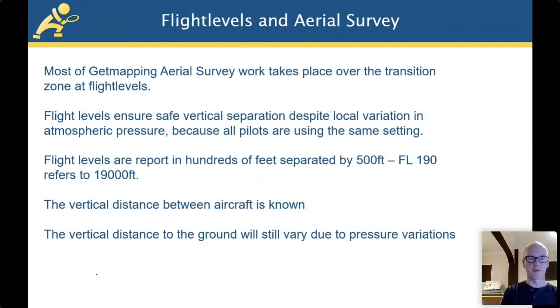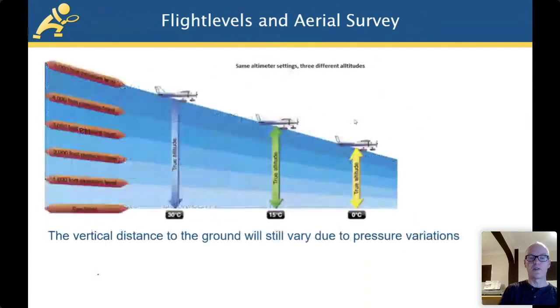So yeah, typically we'd be up to a maximum of 19,000 feet with our long lens system. Now the vertical distance to the ground actually does vary due to pressure variations. So if you're in a high pressure day, which generally you are, you're surveying in good sunny weather, it's high pressure, you're actually at a higher altitude relative to the ground due to that pressure variation.